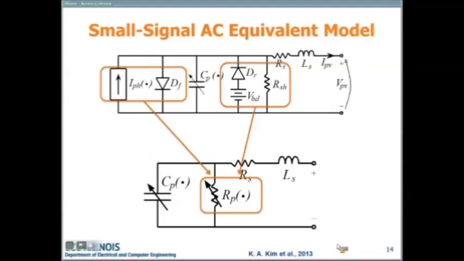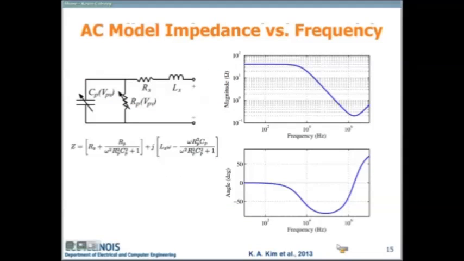So what we can do to find the series resistance and inductance is, here's the AC model. If we do the sweep of frequency, I'm going to direct you towards the outer part of the curve. So there's this point, remember, the resonance point? That's the point where the capacitance, inductance, and this RP is essentially 0.